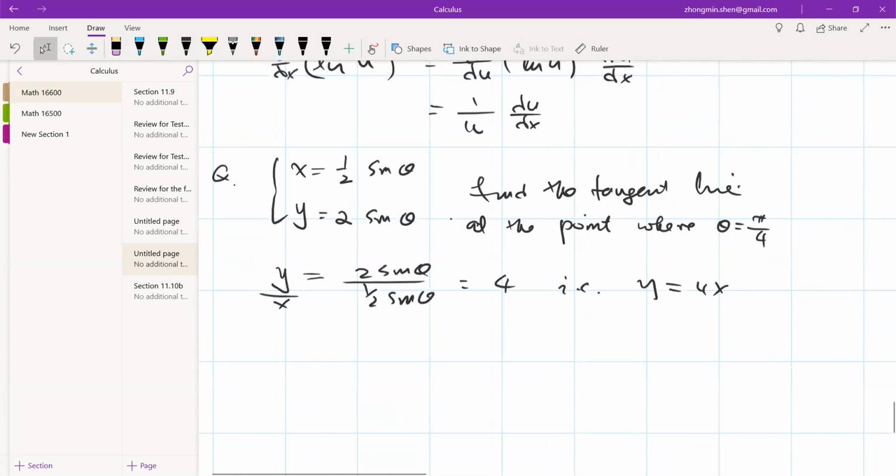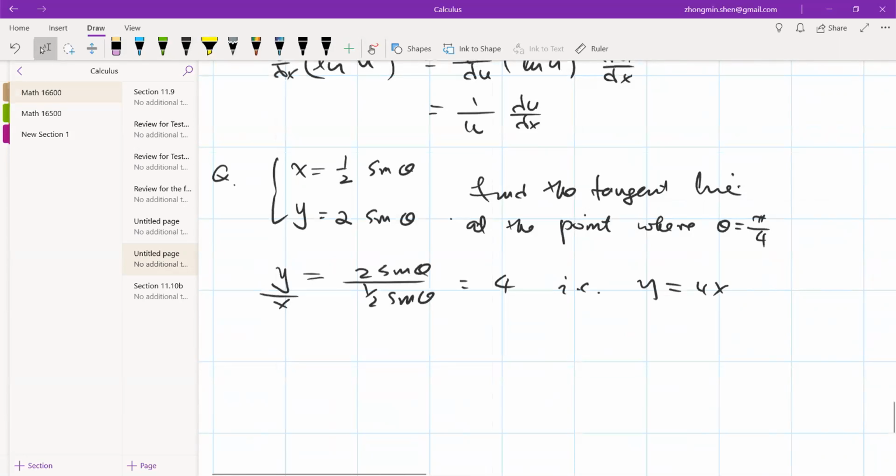So what do you follow? Like, you just do y over x? No, the simplest method for this problem is you don't even need to find a derivative. I just say the curve is a straight line, y equals 4x, therefore the tangent line will be itself. I did not mean to do it like this at the very beginning when I put the problem, but nobody did it like this.